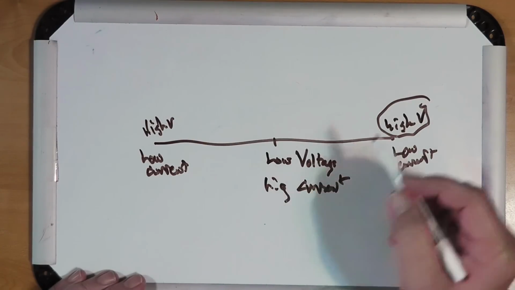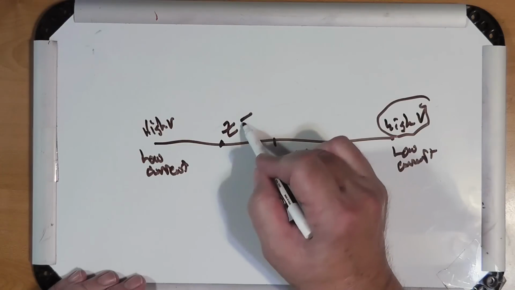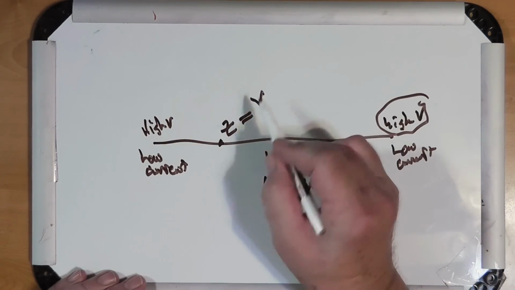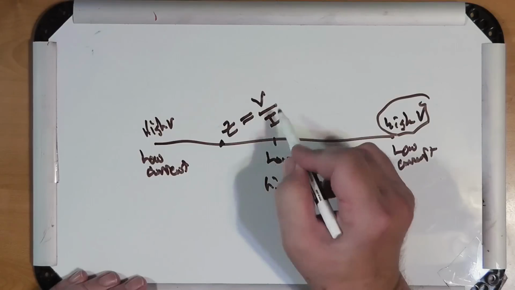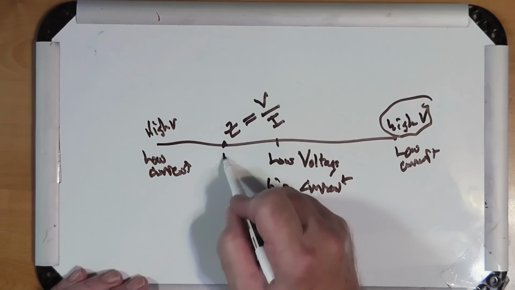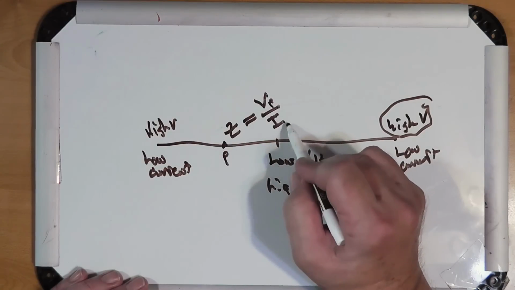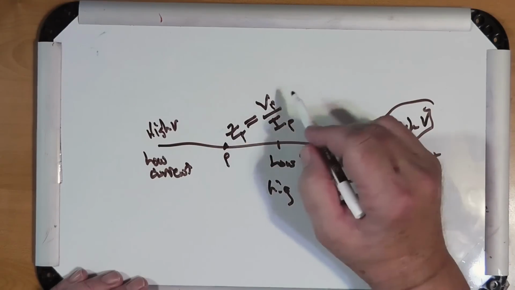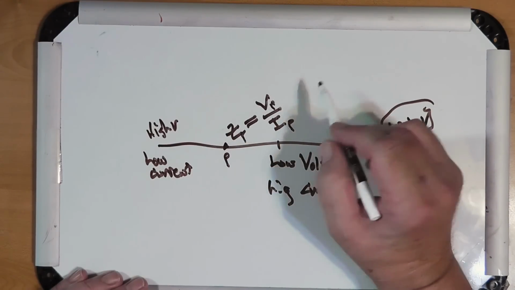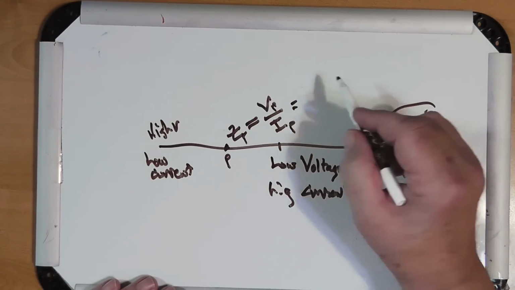Now, at any given point along here, the impedance is equal to the voltage divided by the current. Okay, voltage equals IR. The impedance is voltage divided by the current. Note that these have phase angles. So that means that the impedance can have a phase angle too.